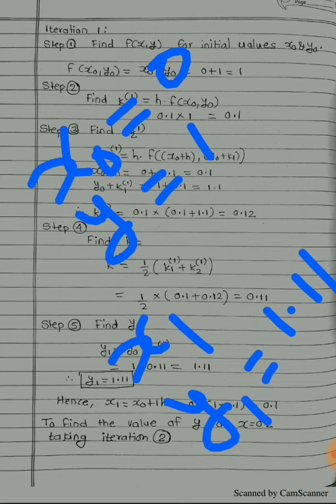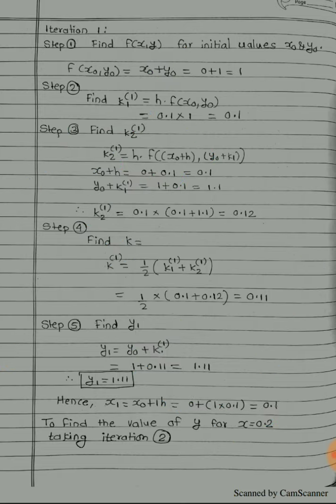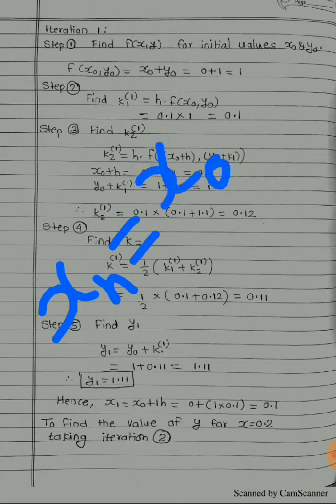x1 we are supposed to calculate, so we are calculating x1 using the formula xn equals x0 plus nh.